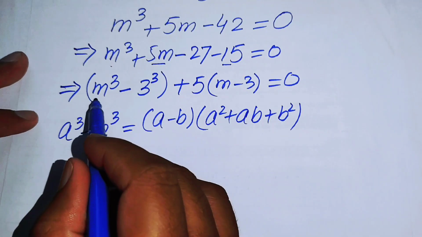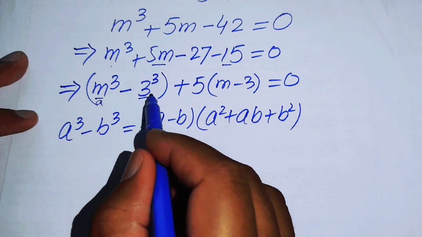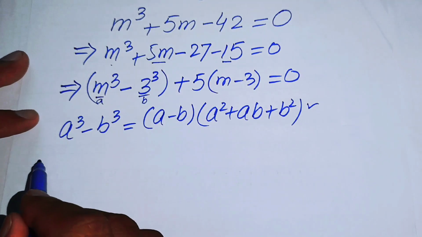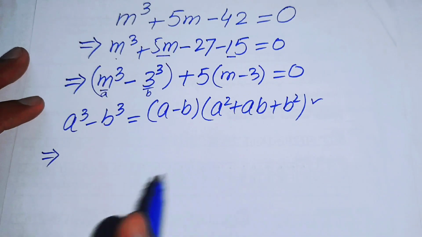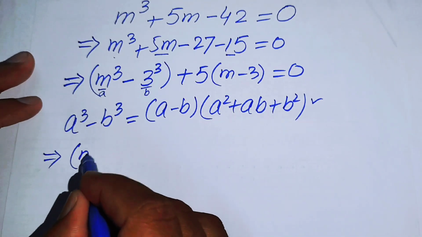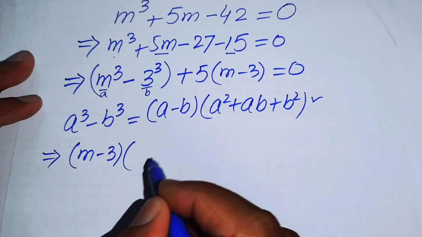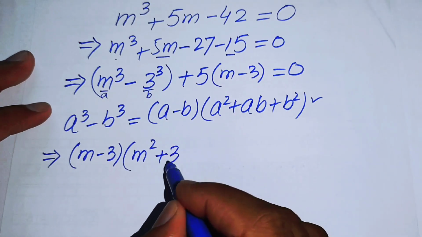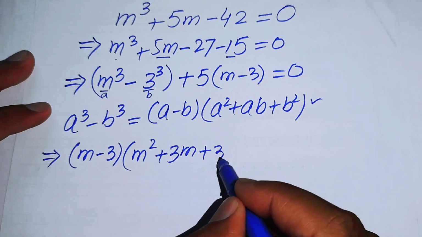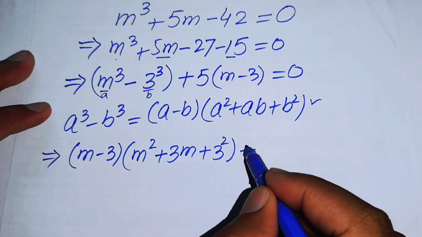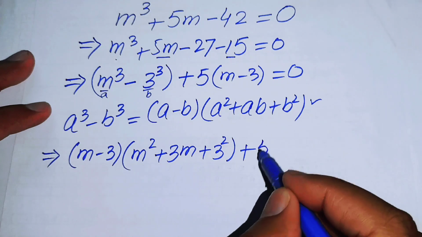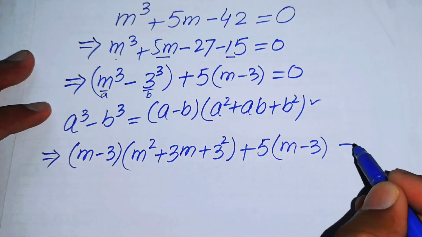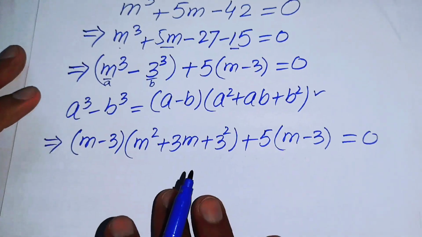So here I can put a is equal to m and b is equal to 3 in this formula, and we will get its output in this form: m minus 3 times of m square plus 3m plus 3 square, and plus we can write this term as it is, which is 5 times of m minus 3 is equal to 0.